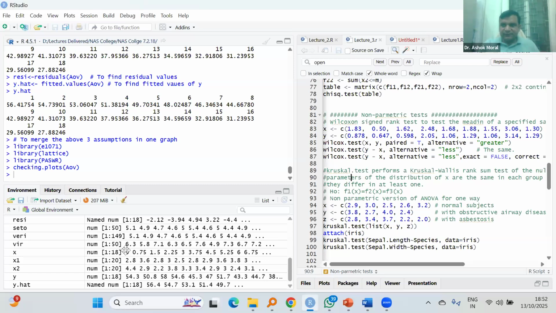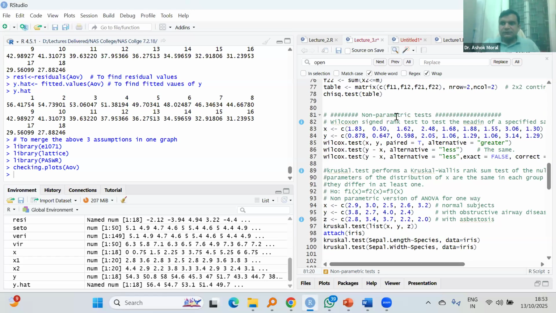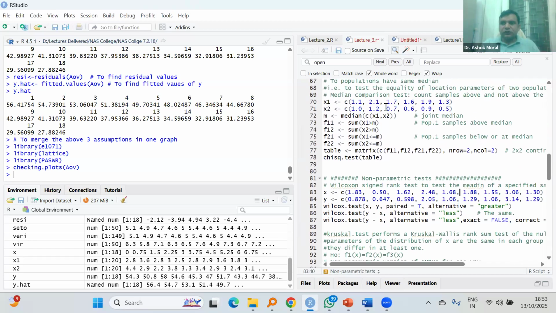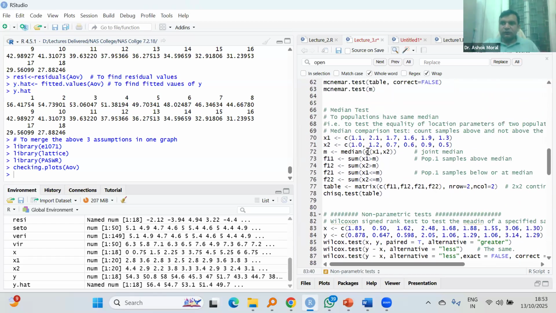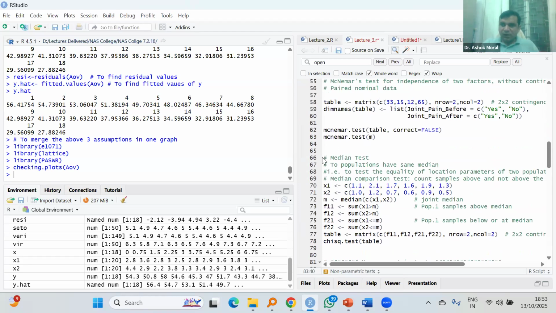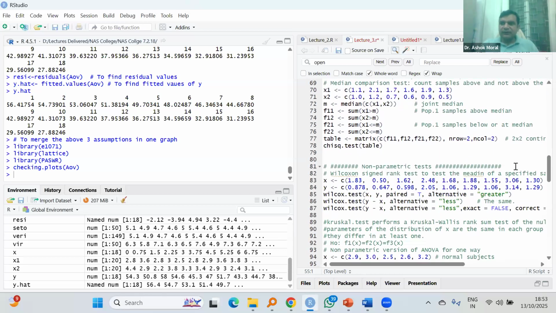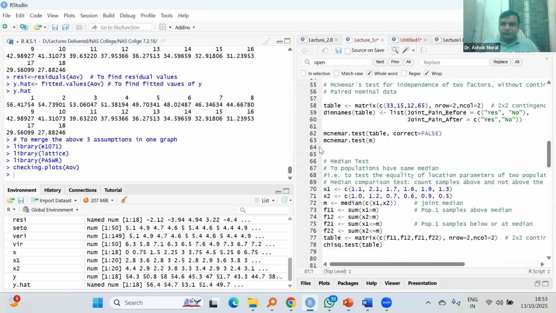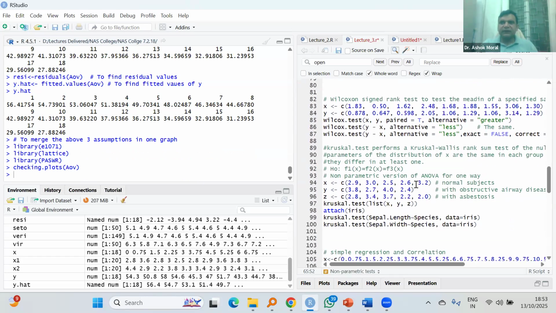As in the previous case, I already discussed, to perform the non-parametric test, this chi-square test is also part of the non-parametric tests. In that case, a number of tests are available.